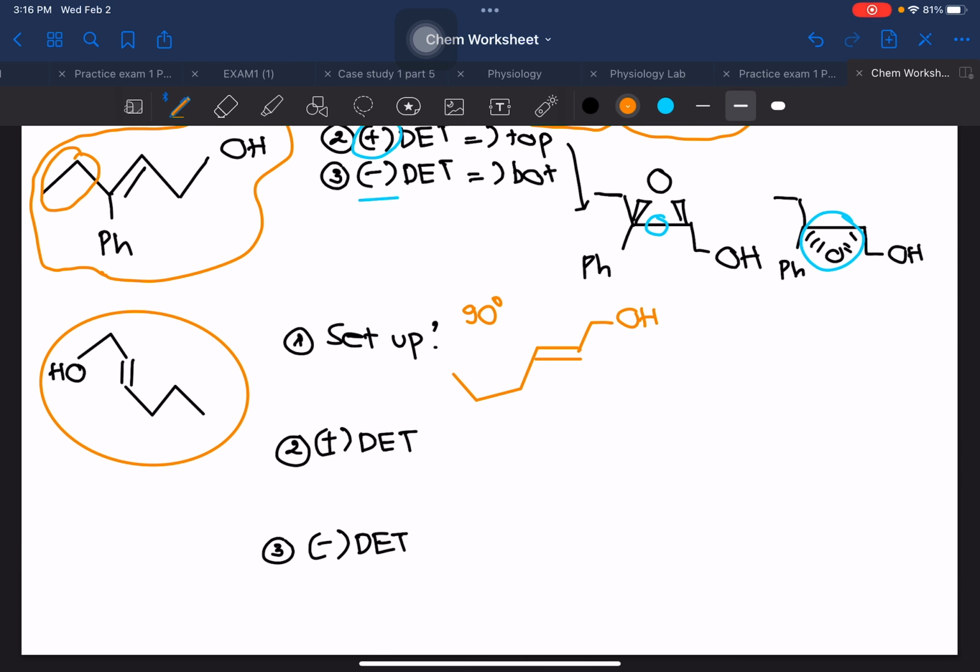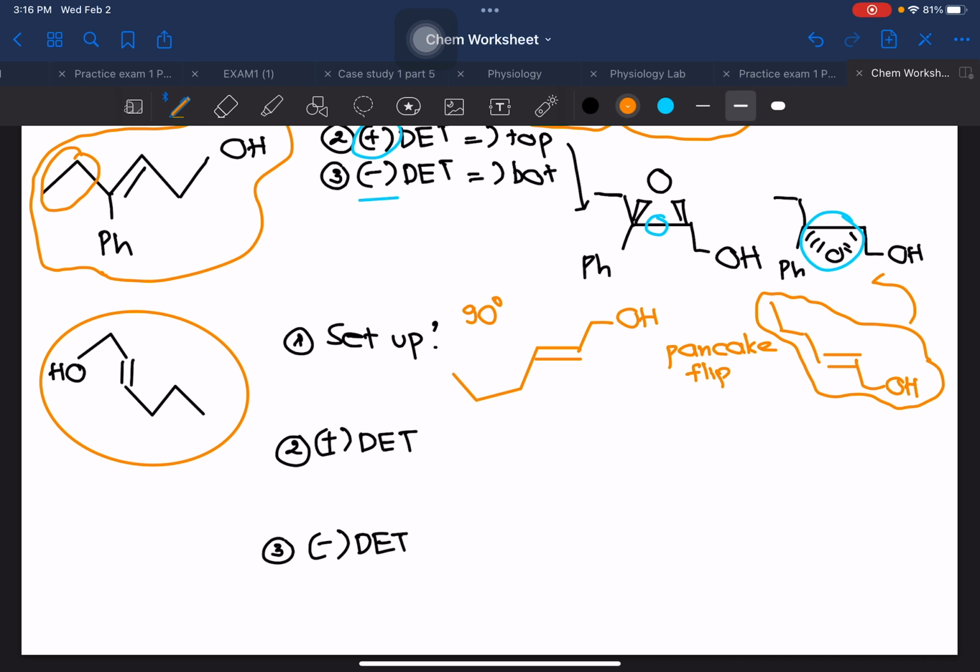You can choose to turn it further, or you can pancake flip it into this thing, where now you have your double bond being horizontal and your OH being on the bottom right as well. So it just will be the same case like the last case we went through.